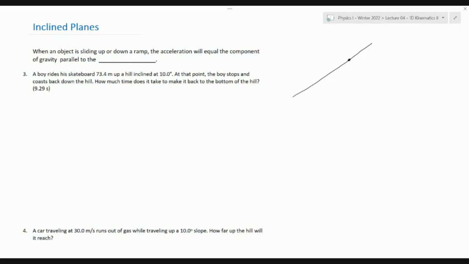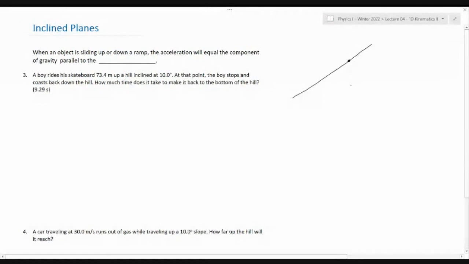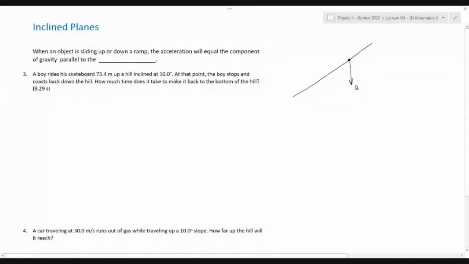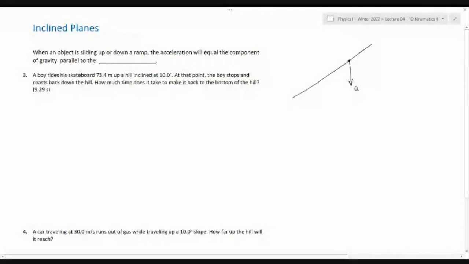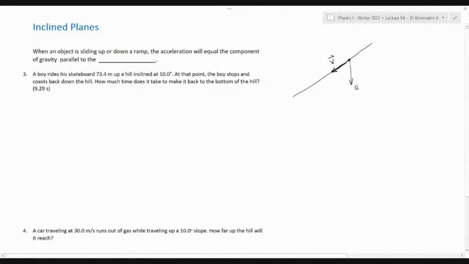So the acceleration is still due to gravity, but acceleration due to gravity points straight down. And the object is moving, for example, down the ramp. So this is the direction of the velocity, okay? When you're using kinematic equations, everything has to be in the same direction.